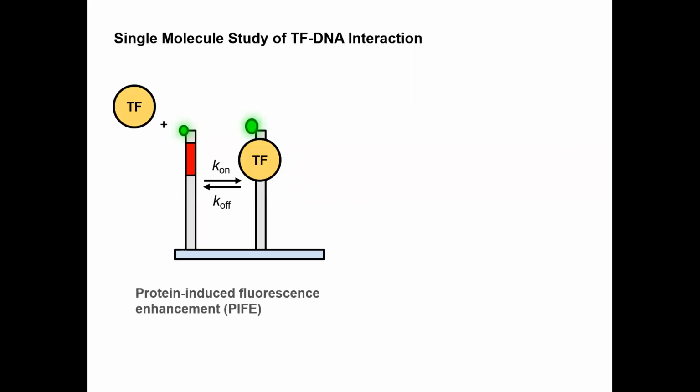One is called PIFE, protein-induced fluorescence enhancement. So the idea is that if you have a fluorophore free in the solution, it's freely rotating, and some configurations have better fluorescence efficiency than others. When you have a factor that binds very, very close to the fluorophore, for whatever reason, it stabilizes the fluorophore in a more productive state, and you will see an increase in the fluorescence.